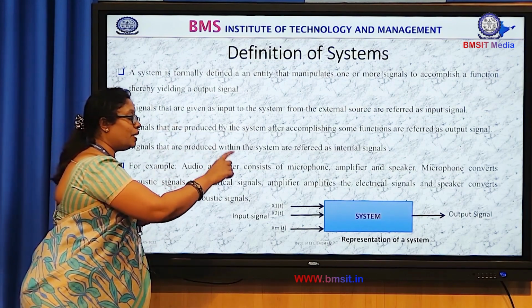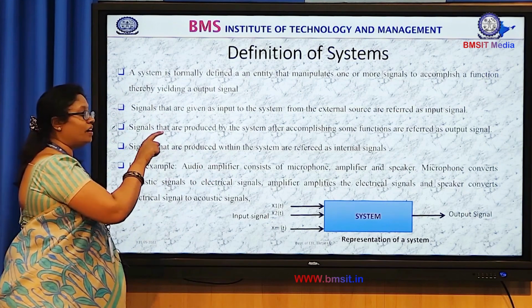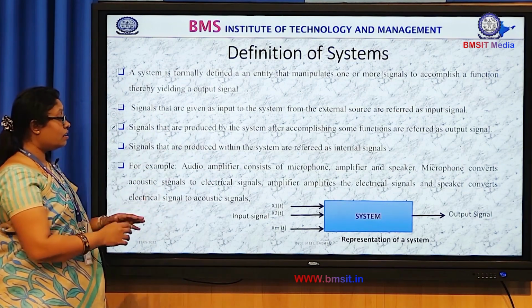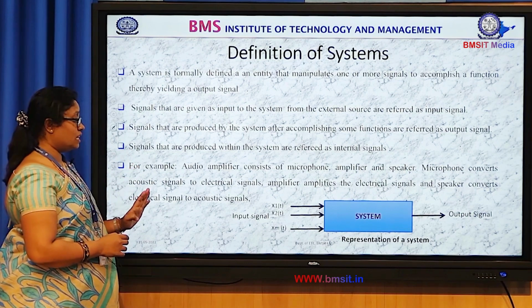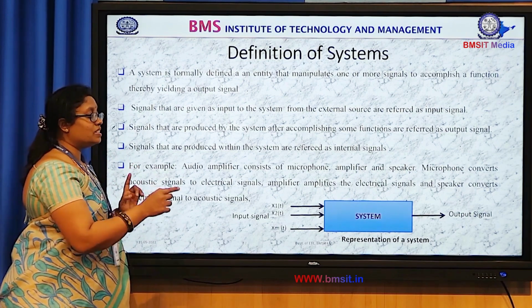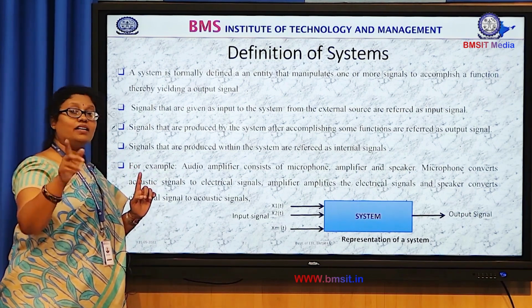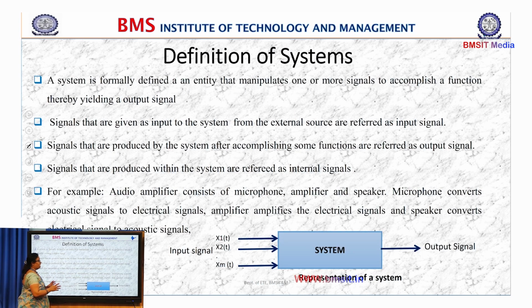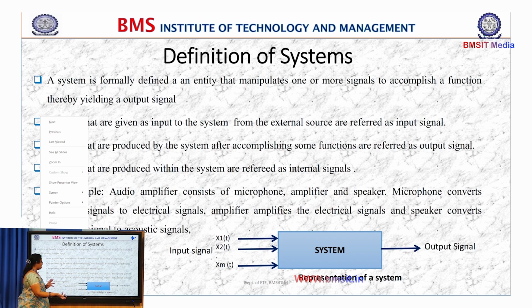At the end, the speaker converts these amplified electrical signals back to the acoustic signal. So the input is an acoustic signal and the output of the system is also an amplified acoustic signal, and the operation of converting the acoustic signal to electrical signal, amplifying, and then converting back into the acoustic signal is done using the microphone, amplifier and speaker.